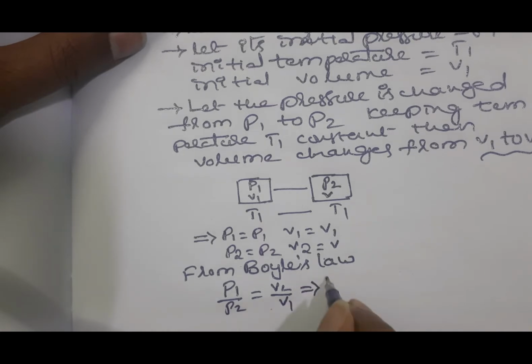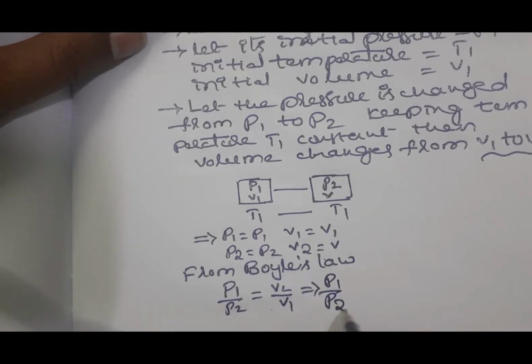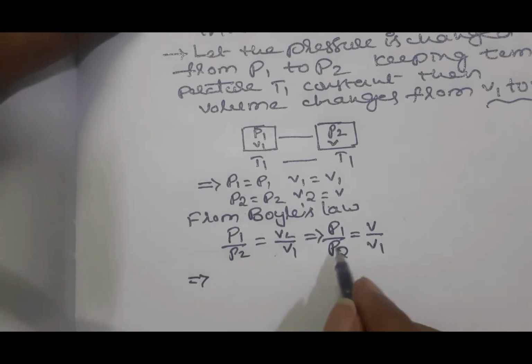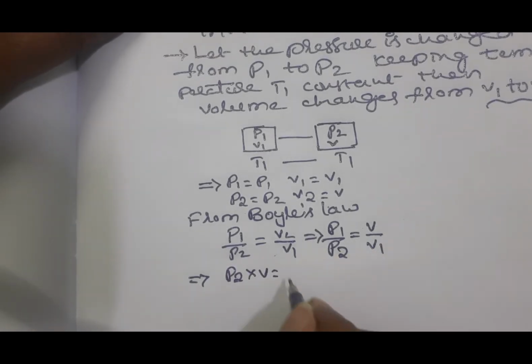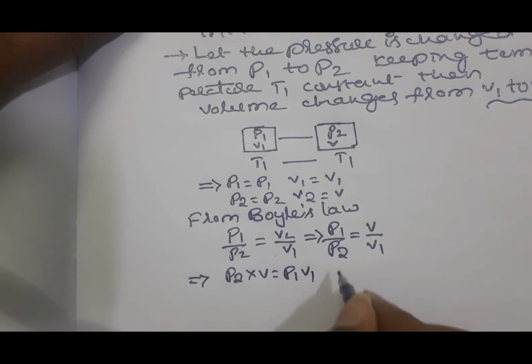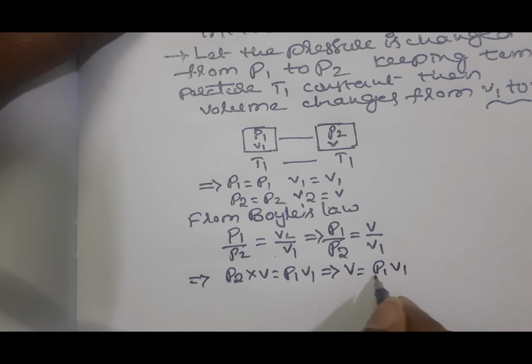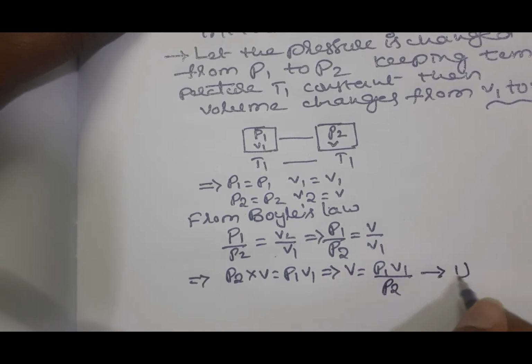Here the final volume V2 is taken as V and the initial volume is V1. By cross multiplication, P2 into V is equal to P1 V1. This implies V is equal to P1 V1 by P2. This is equation number 1.